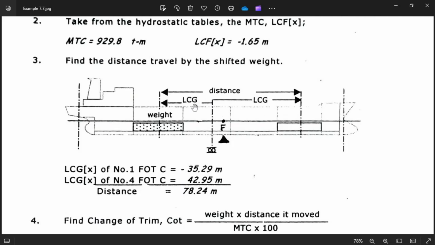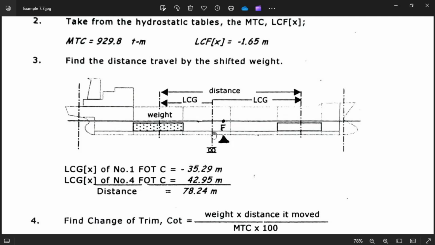And this should be your aft part, this should be your forward part. So from the center of the vessel, or amidship, it is the forward part of the vessel. The distance from the middle to the center of the tank is 35.29. Okay, this one. And FOT number 4, which is the aft part, is positive because it is on the aft part.